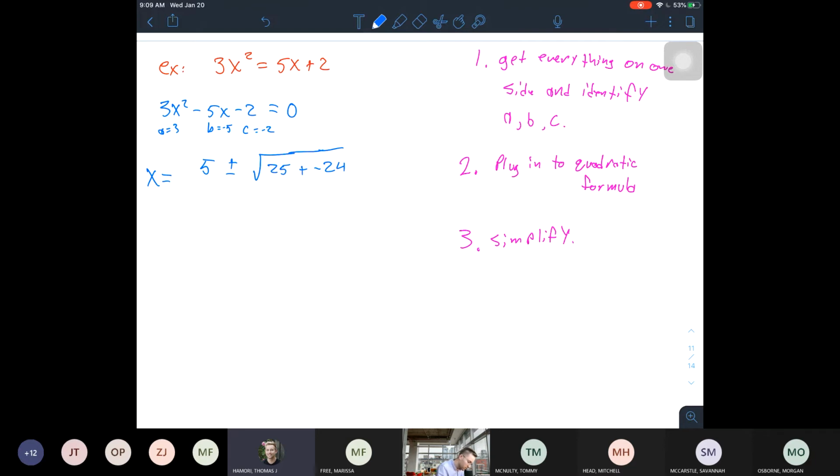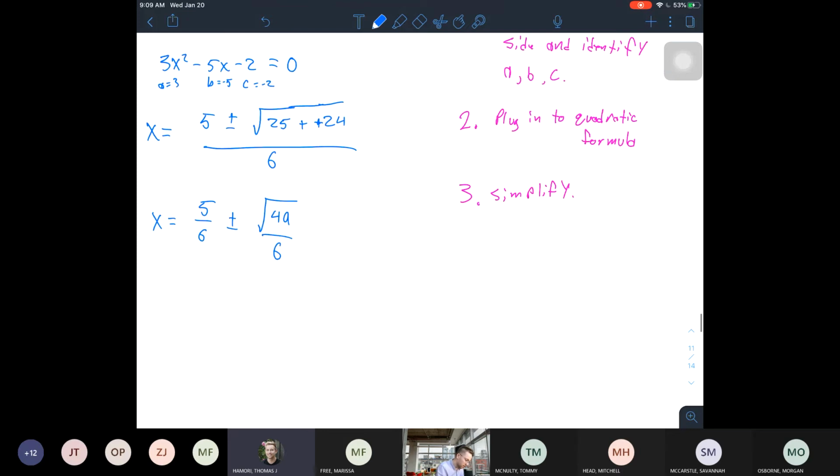So we make those negatives the plus plus, and we're going to divide by 6. So x is going to be equal to 5/6 plus or minus the square root of 49 over 6, which is going to be x is equal to 5/6 plus or minus 7 over 6.